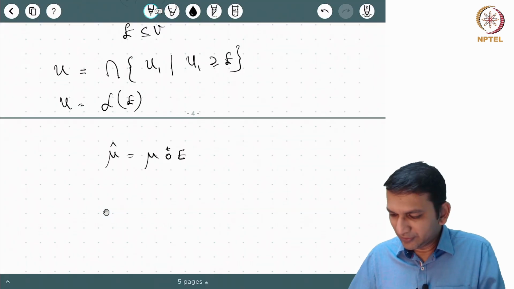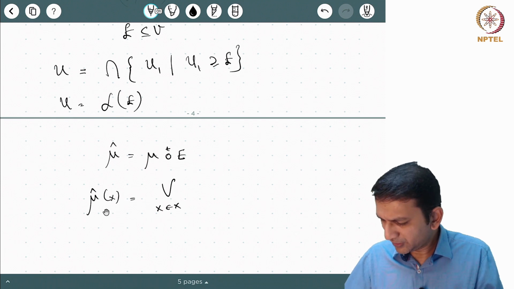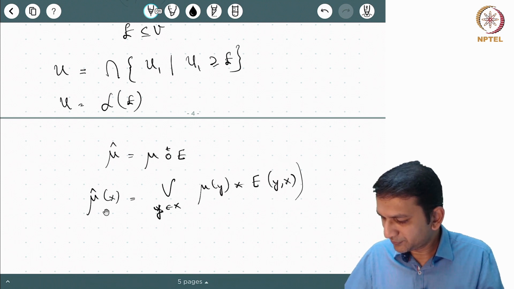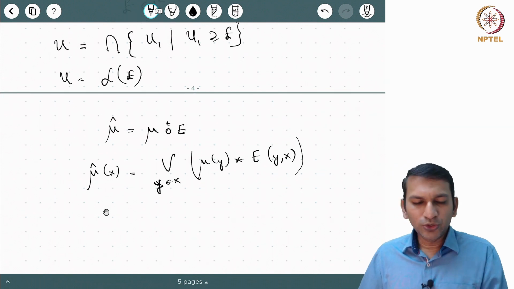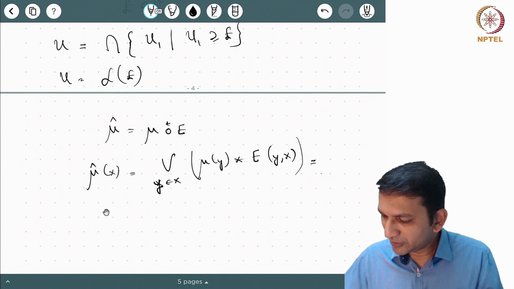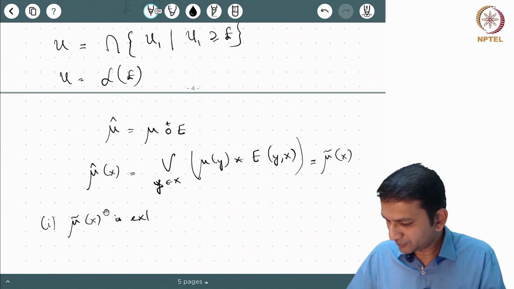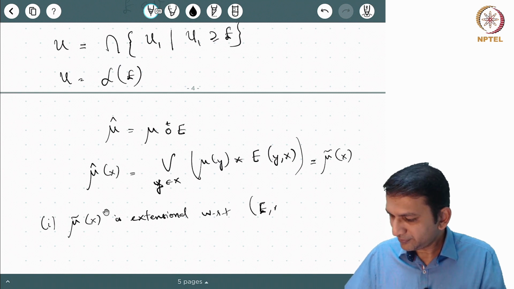What we are given is mu cap of x, the supremum over y element of X of mu y star E of yx. That is what mu cap of x is. So to show this, let's denote the right hand side as mu tilde of x. We need to show two things. Firstly, that mu tilde is extensional with respect to E and star.